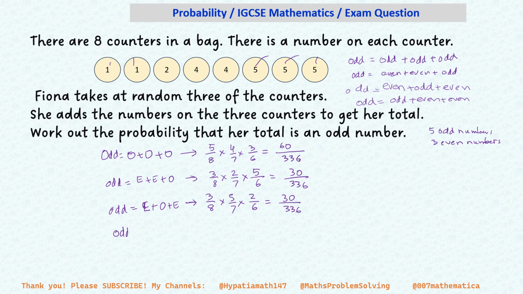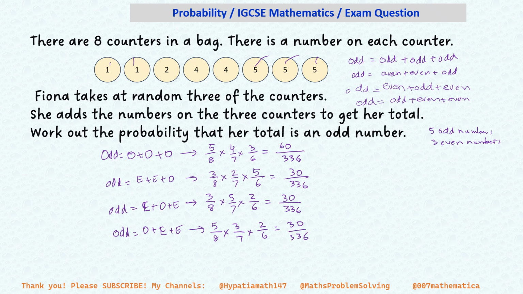The last case is odd plus even plus even. The odd is 5 out of 8. Then you'd have even, so that would be 3 out of 7 multiplied by 2 out of 6. So that would again be 30 out of 336.